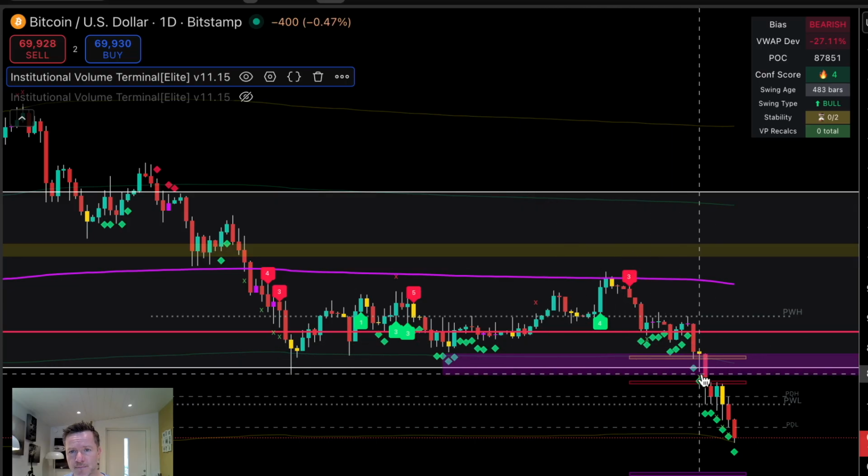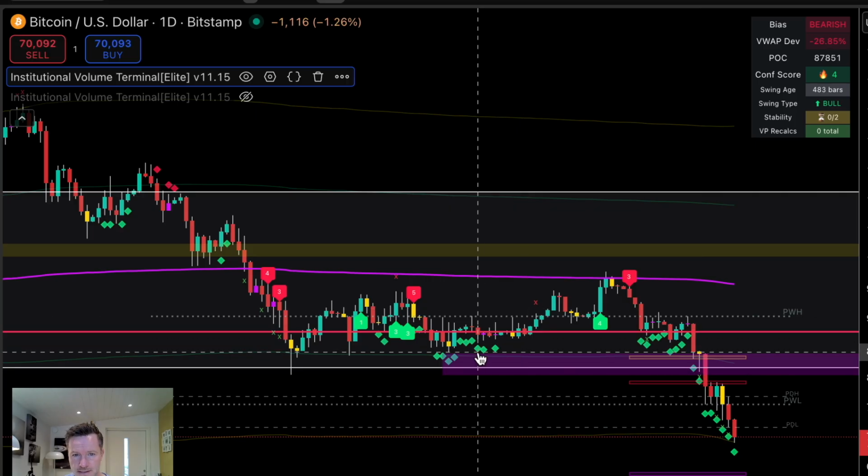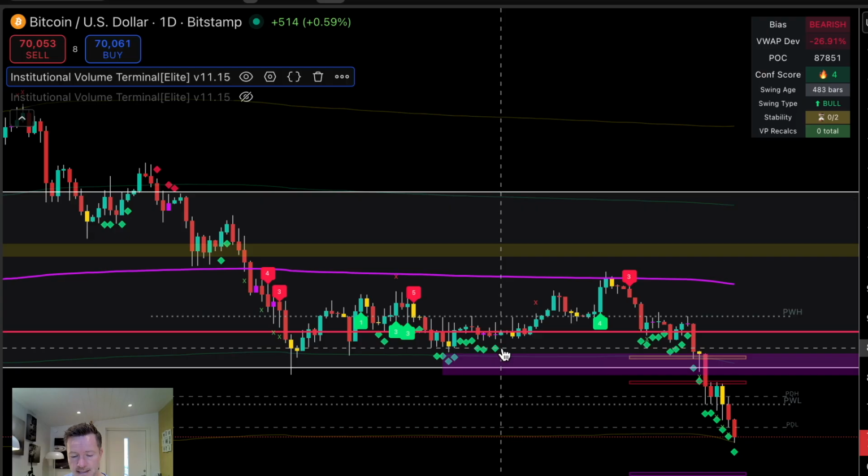These are areas where price tends to gravitate based on the volume structure. So the lesson here: when institutions break below their cost basis by this magnitude, counter-trend rallies are distribution opportunities, not reversals. The AVWAP deviation of 25-26% with bearish structure means smart money has left the building.